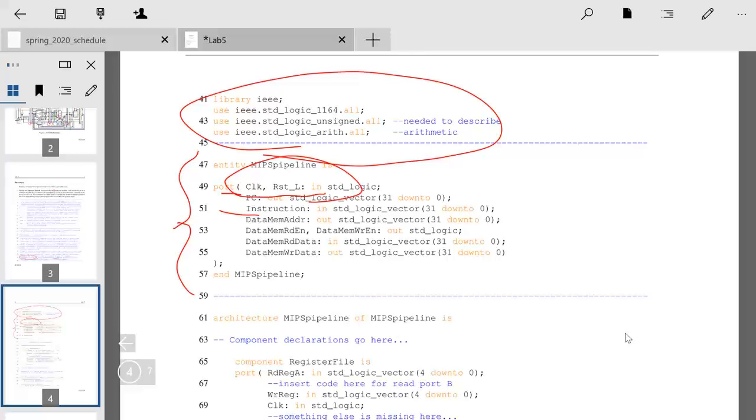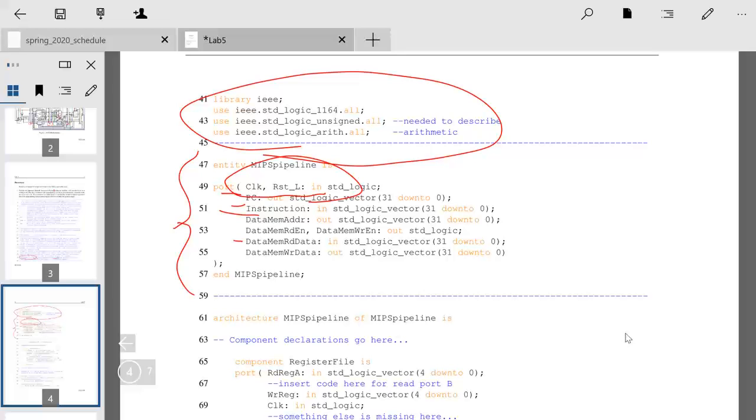We try to discourage that in our style guide, but sometimes it just makes sense, so we don't adhere to that requirement all of the time. I just wanted to point out that that is a legal thing the language allows. And you can do the same for standard logic vectors, like all the 31 down to zeros. All the inputs could be grouped together, like instruction and data memory could be on the same line.